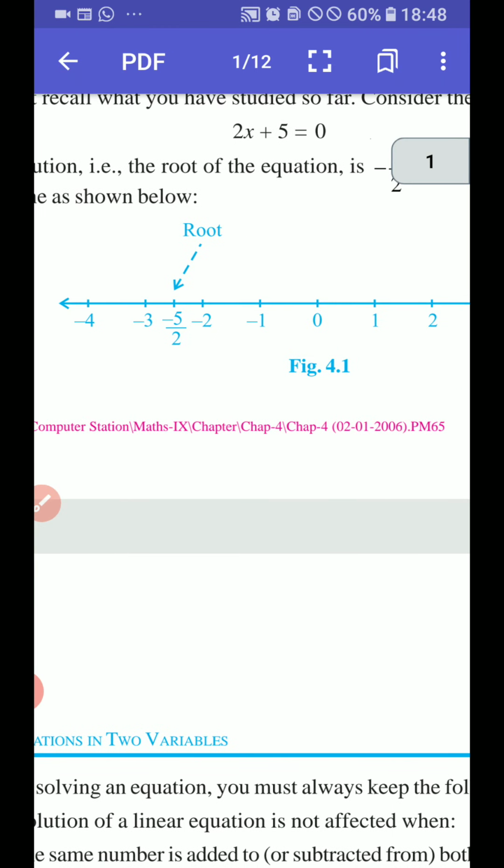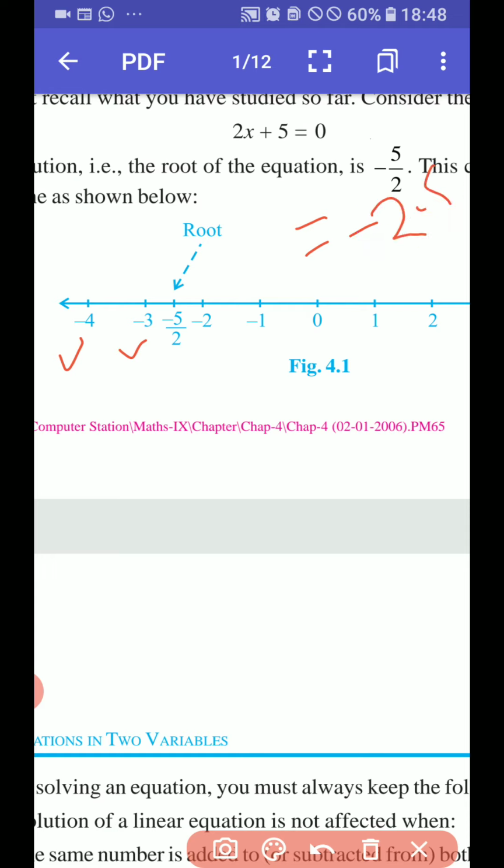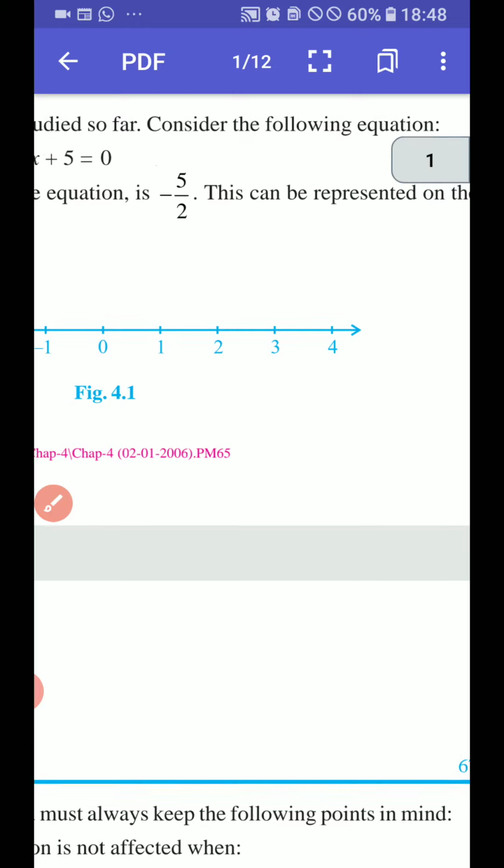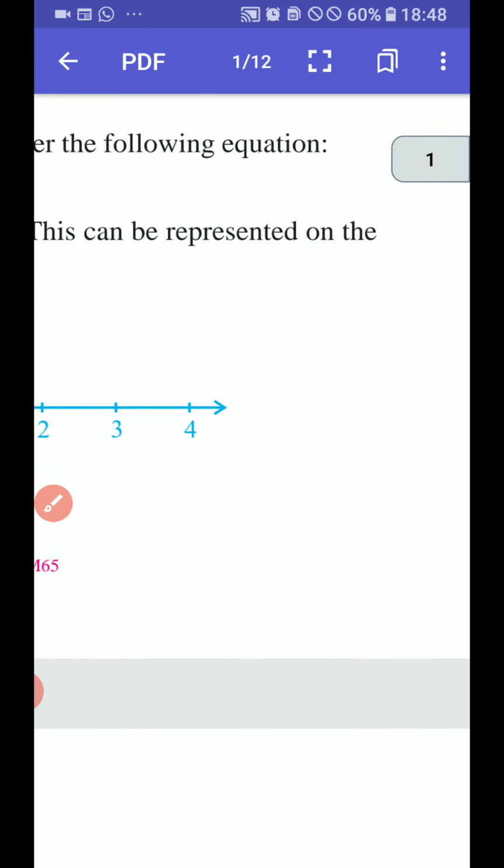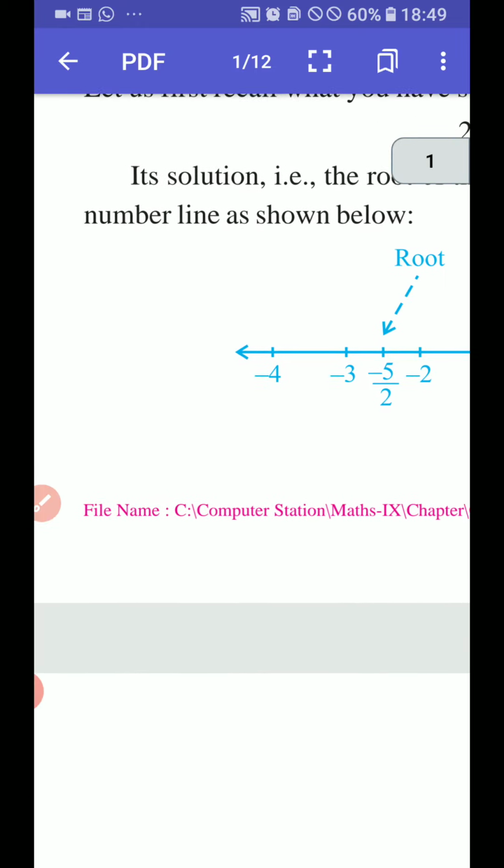On the number line, 0, minus 1, minus 2, minus 3, minus 4. Since minus 5 by 2 means minus 2.5, it lies between minus 3 and minus 2. This is minus 5 by 2.